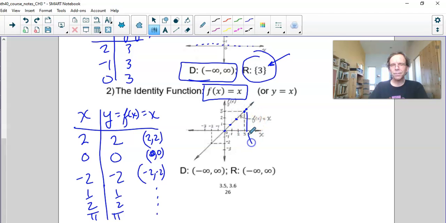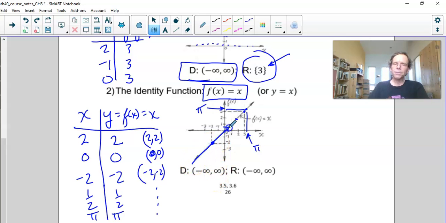That's pi, and over here is pi, 3.14, something. How about 1/2, 1/2? That's here. And I had negative 2, negative 2. There's that one. You get the idea.